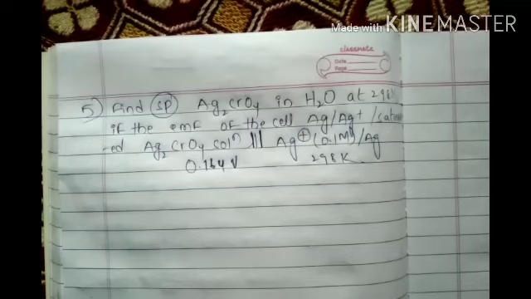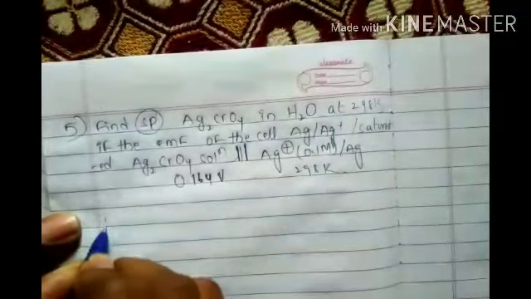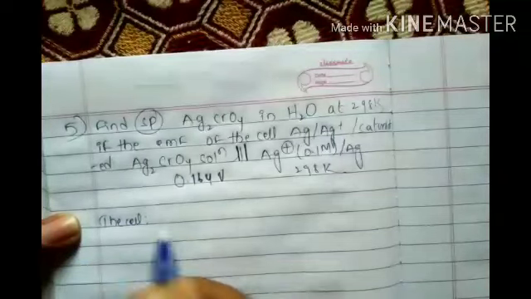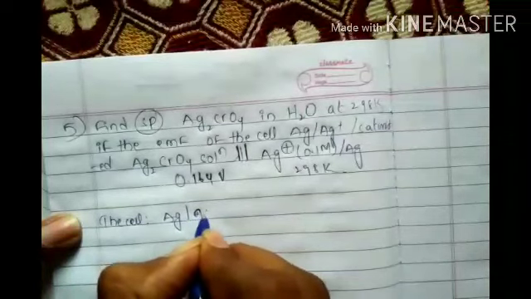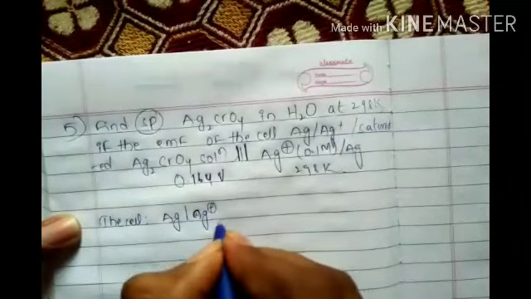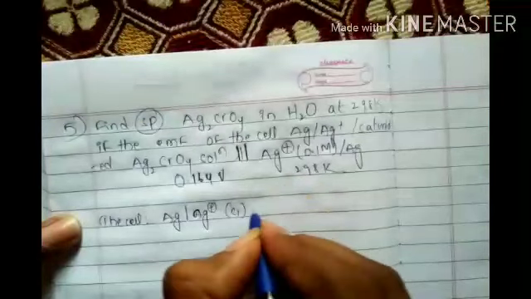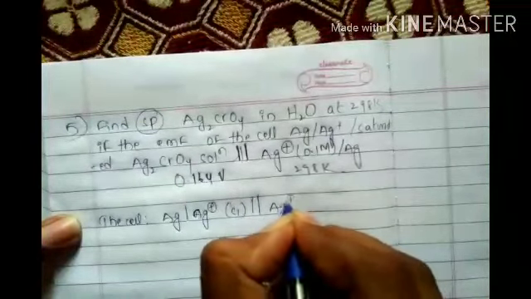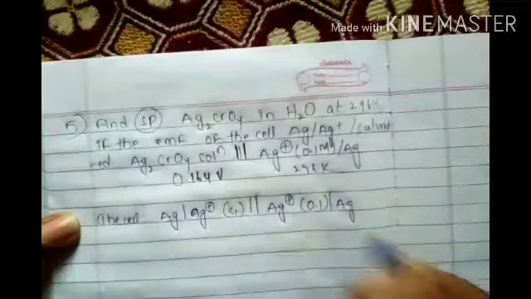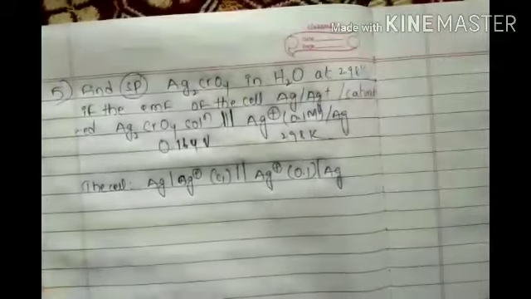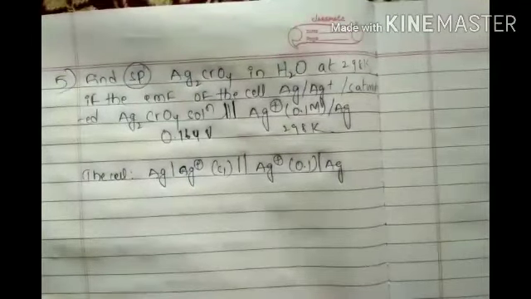Now first of all, what we have to find out? The cell Ag, C1 they are not given, C2 they given. So the cell is Ag | Ag plus C1 || Ag plus 0.1 m | Ag. One concentration they given, one more concentration they are not given. Solubility product we have to find out.